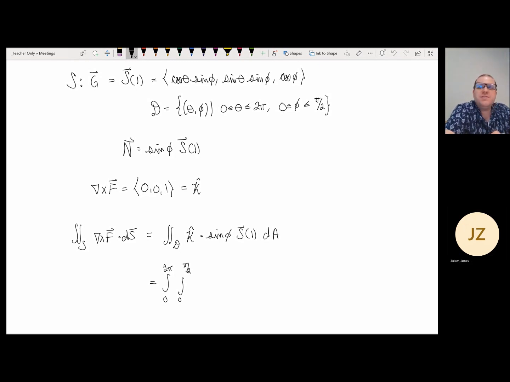We only want the z component of S1, which is just cosine phi. So this is what our flux integral becomes.